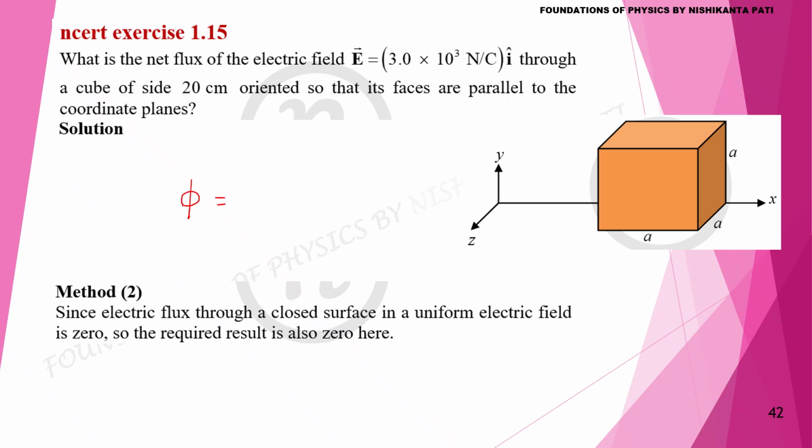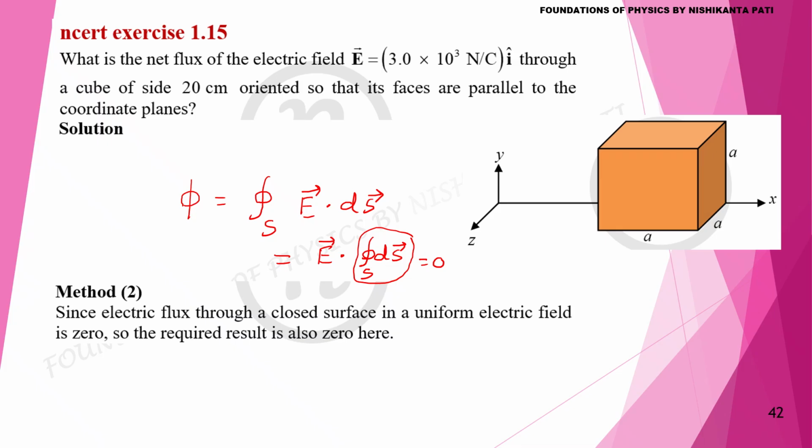The flux is the integration over S of E vector dot ds vector. Since E vector is uniform, E vector comes out of the integration, then the integration of ds vector over S is 0. So the total flux is 0.